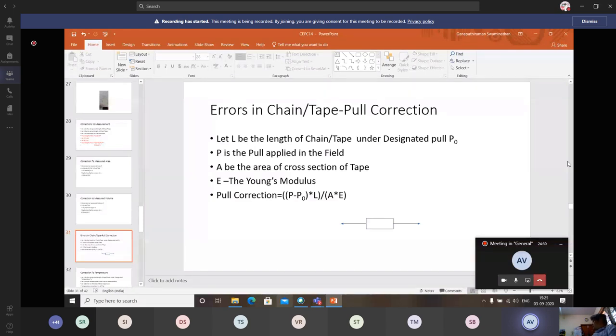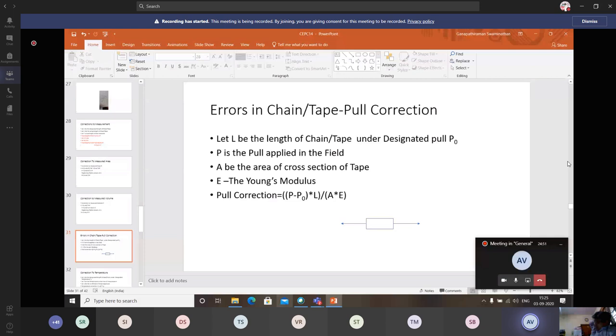When force is applied, there is some stress generation, and due to that stress, some strain is also there. But after the removal of that force, stress disappears and the material returns back to its initial state. This property is called elasticity. So this is what is called the elastic range.